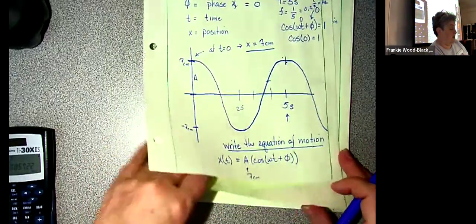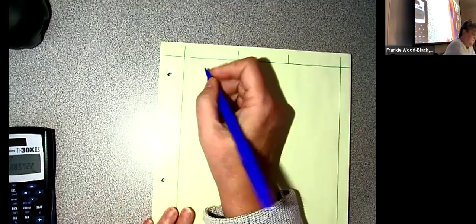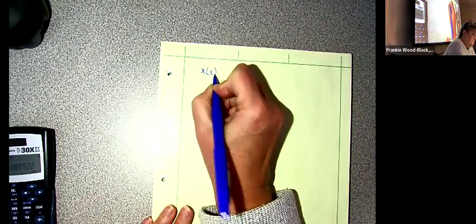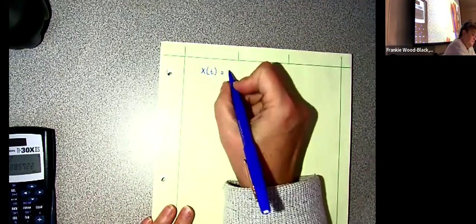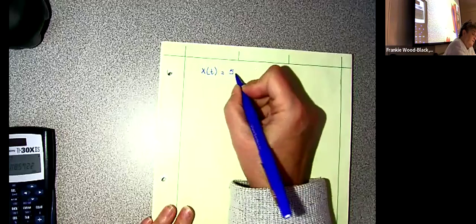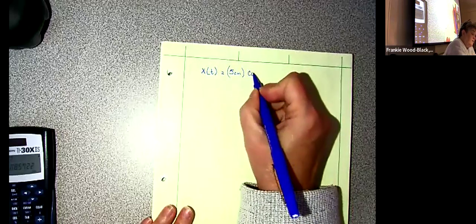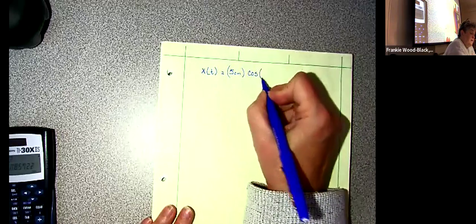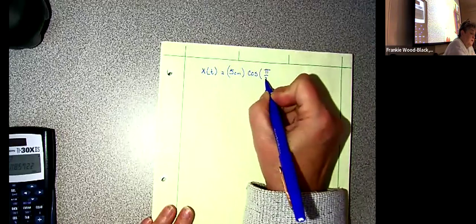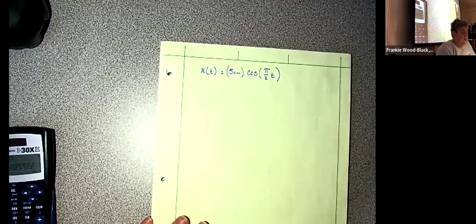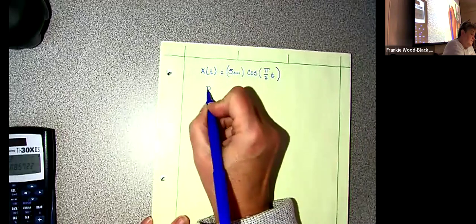So you can do it the other way too. So let's give ourselves an equation of motion. I'm going to give x of t is equal to 5 centimeters cosine pi over 2 t. So we want to plot this.